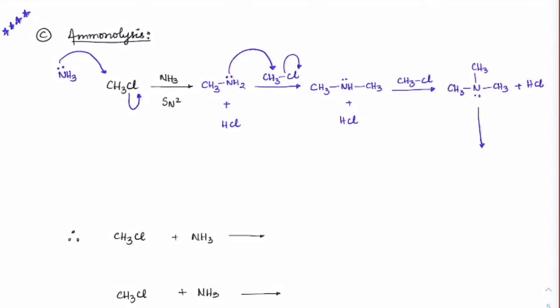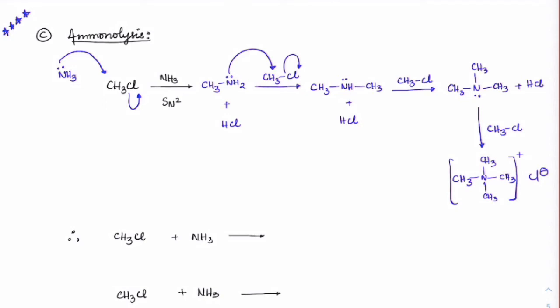Again, if we react this with CH3Cl, we will get a quaternary ammonium salt, N with positive and Cl minus. So quaternary ammonium salt is what we will find.